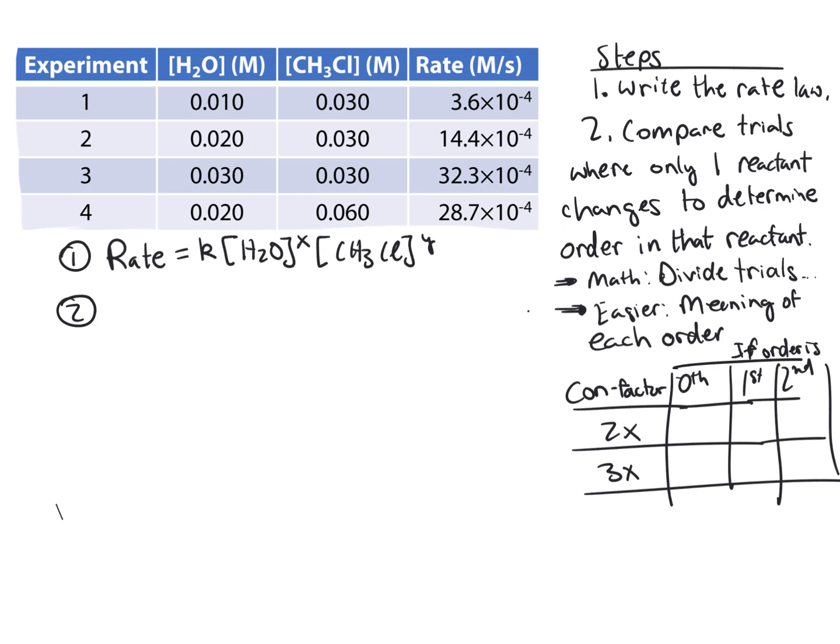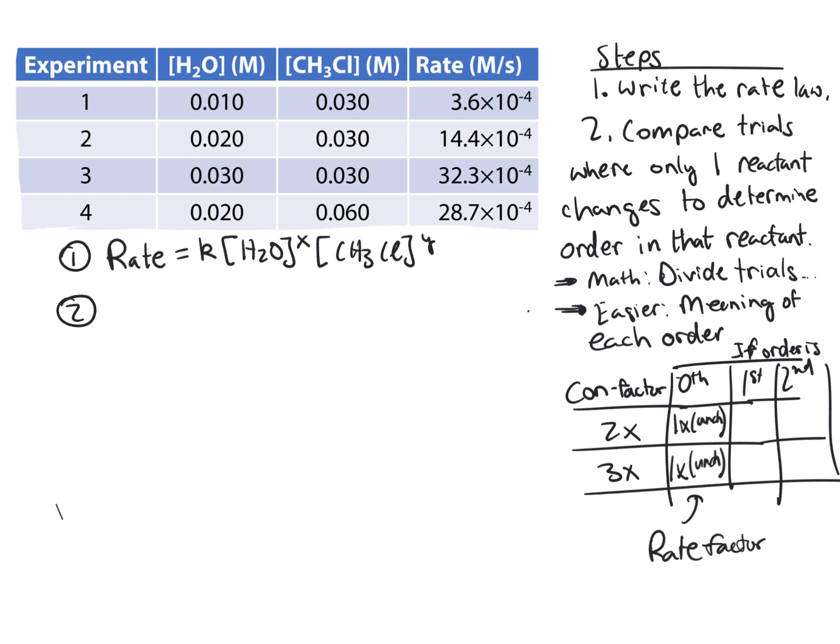So the boxes here are what rate factor we would get if the order is each of those things. Here we would get 1x, or we could view that as unchanged. If we triple the concentration, again, it doesn't matter. It will be 1x or unchanged.